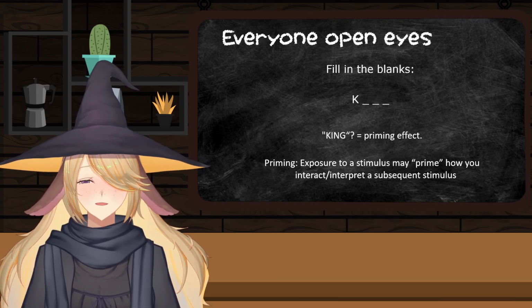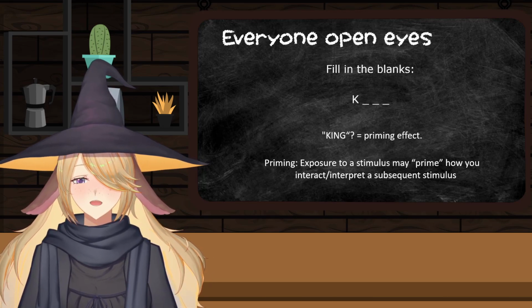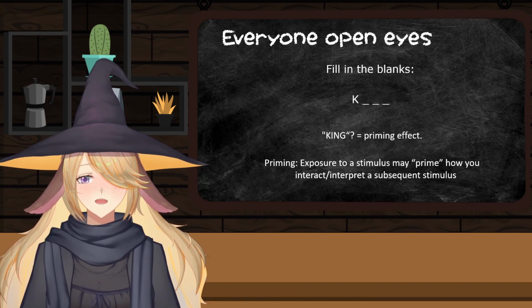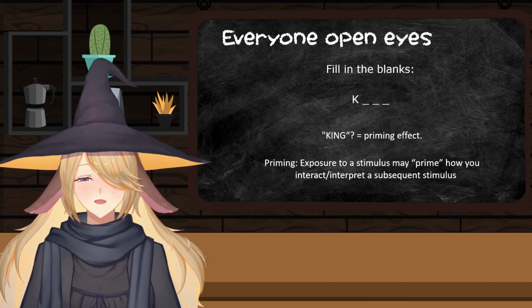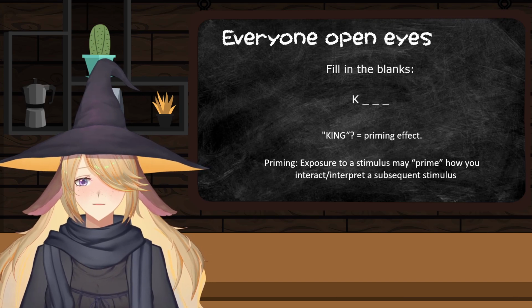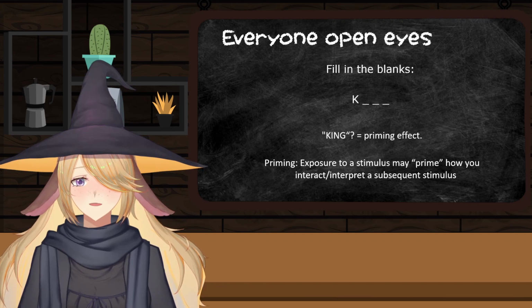The people that saw the word queen in particular tend to be more likely to think about the word king afterwards. We call this priming. Exposure to one stimulus may prime, like priming a pump, how someone interprets subsequent stimuli.